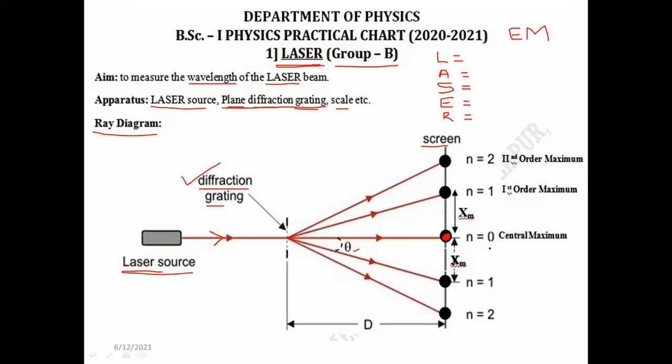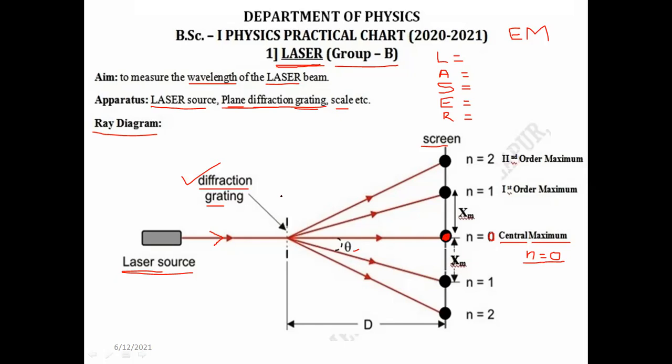Therefore this particular point is a bright point, and according to our diffraction theory, it is known as the central maximum. For that central maximum, the condition is that the order of diffraction, small n, is equal to 0. Inside the bracket we should write n equal to 0. Order of diffraction equal to 0 means no diffraction is there, since the diffraction grating is absent.